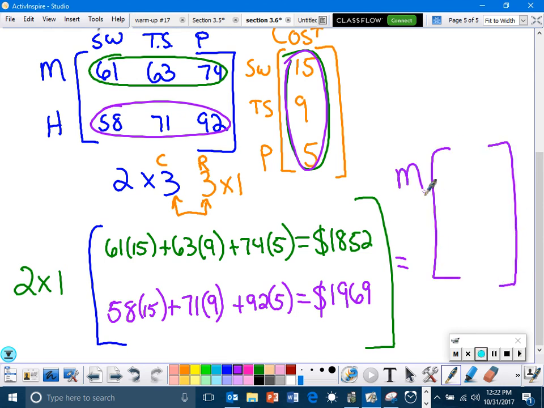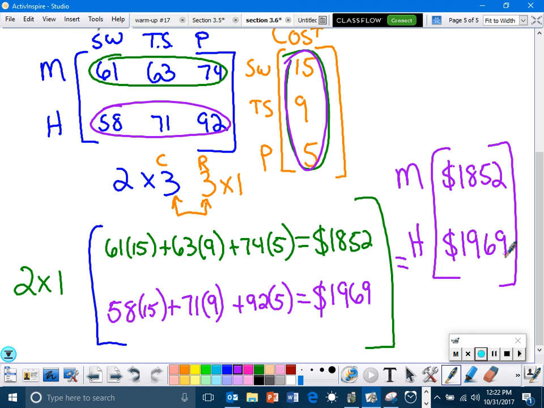This is the middle school. The middle school has $1,852 worth of merchandise, and the high school has $1,969 worth of merchandise. So we took each and found the total cost for the high school and the middle school.